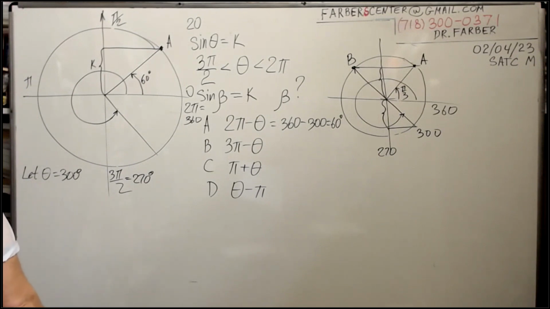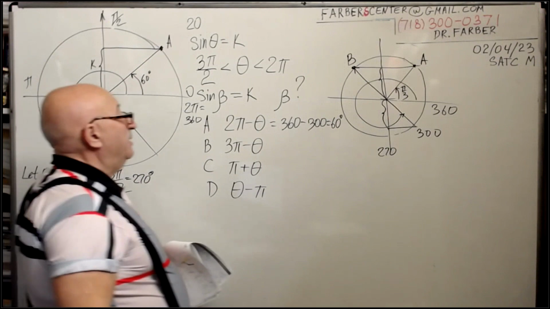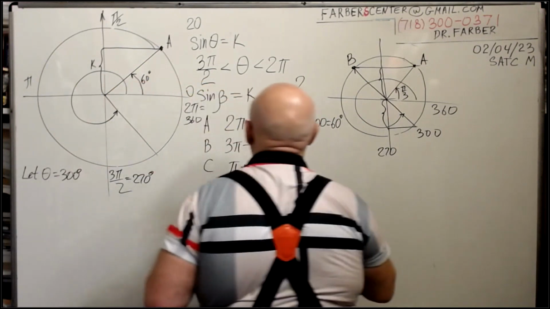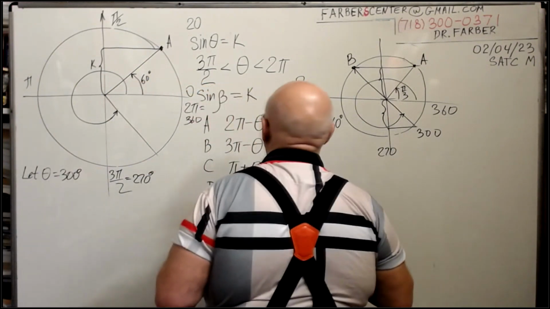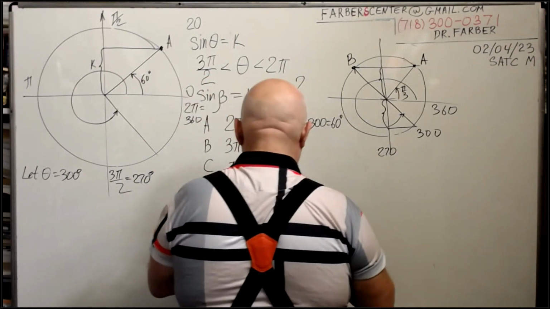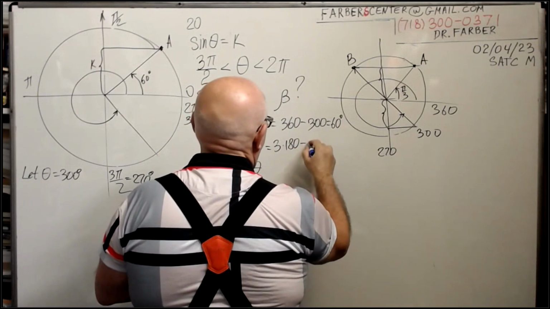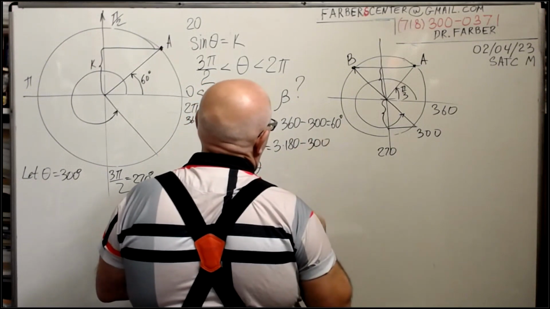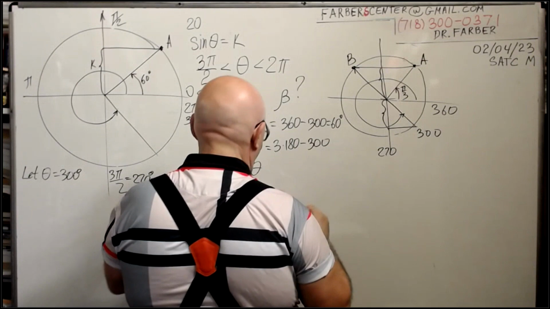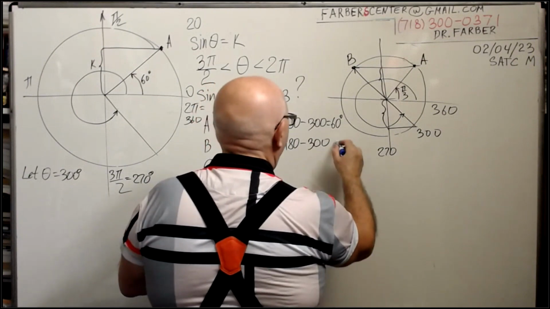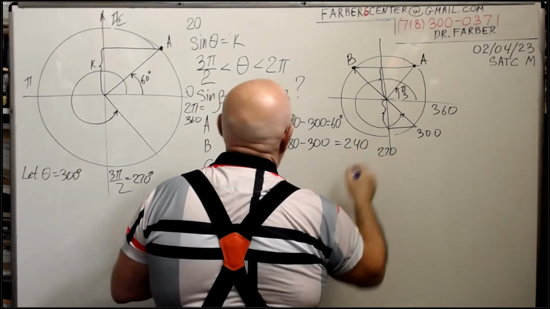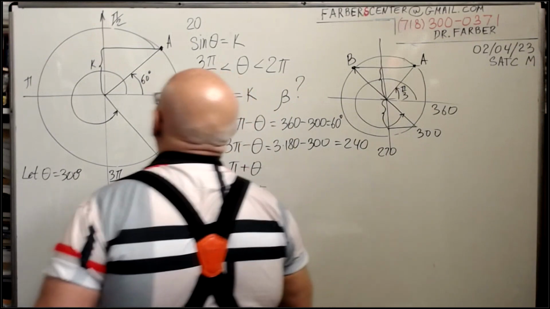What about B? 3 pi minus theta. 3 times 180 minus 300. 540 minus 300 is 240. And this angle is 240 degrees.